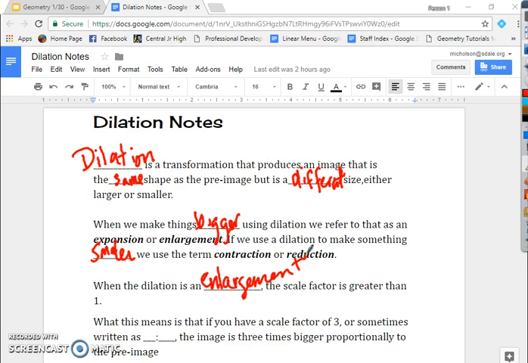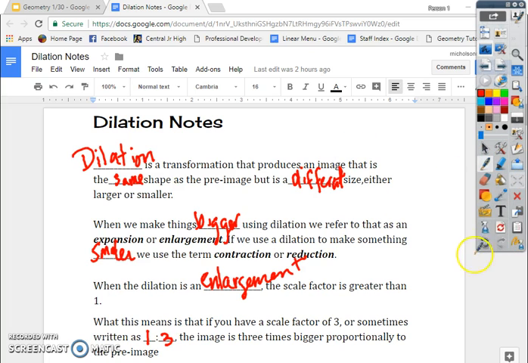Okay. What that means is if you have a scale factor of 3, or sometimes written as 1 to 3, the image is 3 times bigger proportionally to the pre-image. Okay? So let's look at some examples of what that looks like.